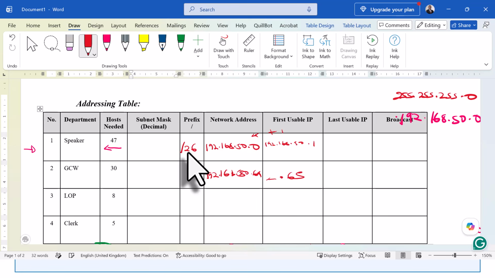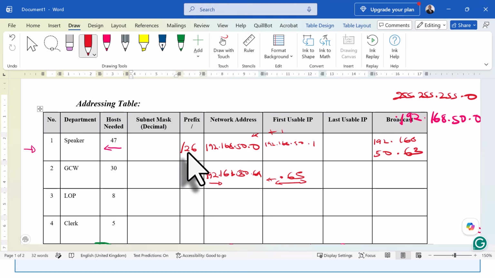Please don't forget to write everything else, because if you just write .65, that is not a valid IP address. But because I have small working space, I'll just write .65. And now the broadcast here is the next network address minus 1, or you can just count 64 addresses away from this. We shall end up having 192.168.50.63, right?